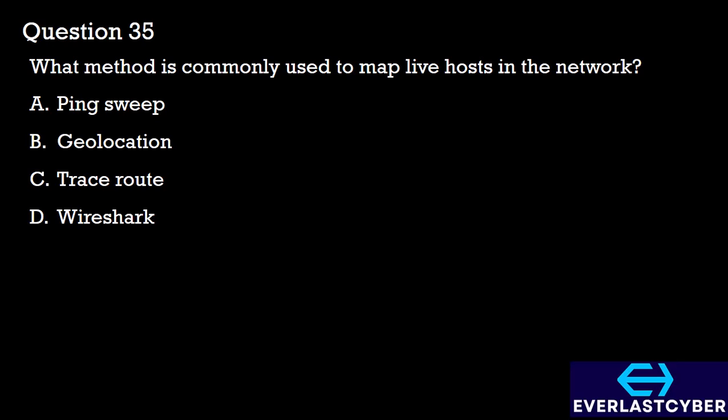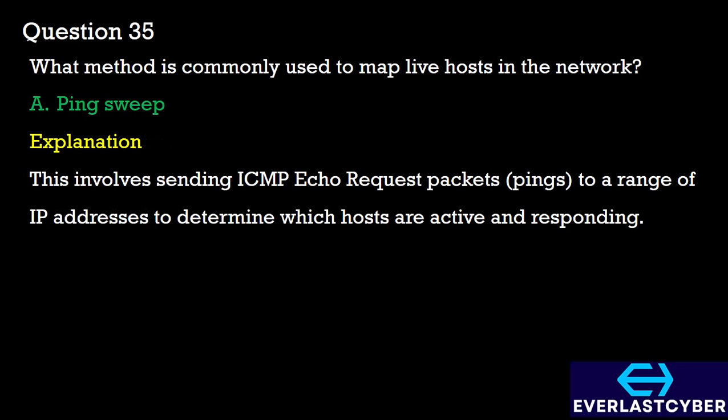Wireshark is a network protocol analyzer that is used to capture and analyze network traffic. However, it is not used to map live hosts. So with respect to this question, we'll be going with option A, ping sweep. This is a method that is used to map live hosts in the network by sending ICMP echo request packets to a range of IP addresses in order to determine which host is active and responding.